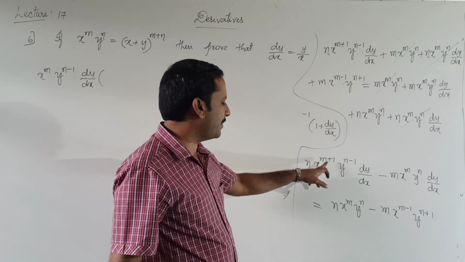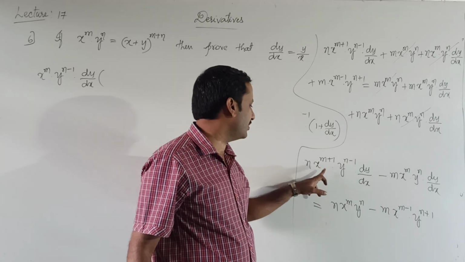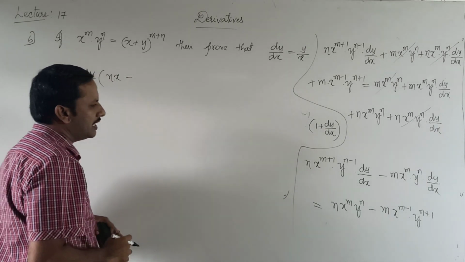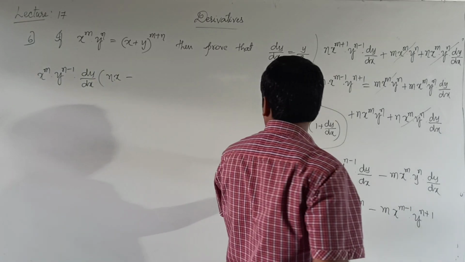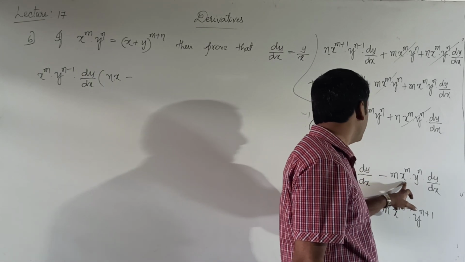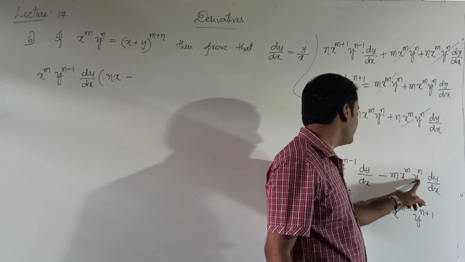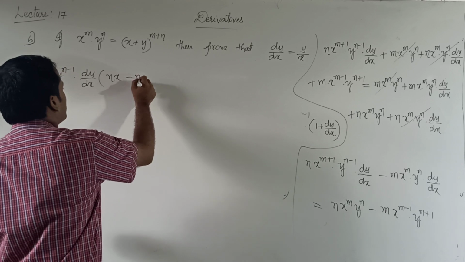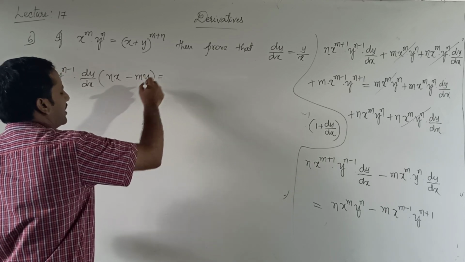So from this x power m I have taken, so one x will remain, n will remain, nx will remain, minus, see we have taken x power m as common, and y power n minus 1 as common, so one y will remain, nx minus my will remain.